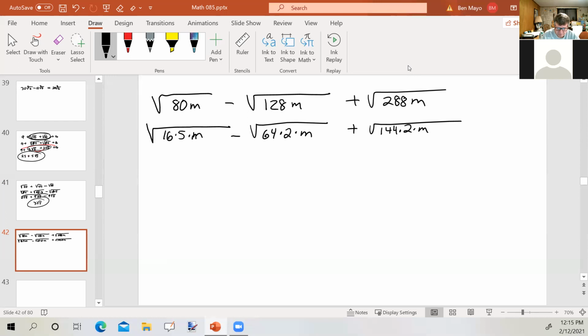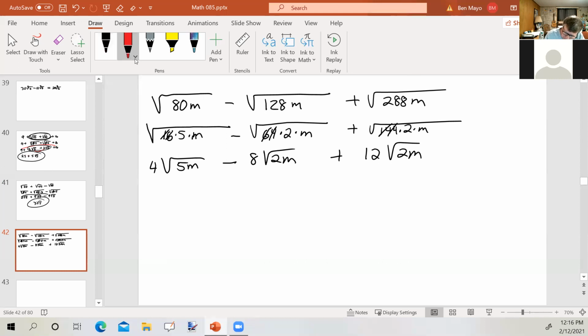What's the square root of 16? 4. So I get 4 square roots of 5m, because I can't do anything with the 5 or the m. Minus, what's the square root of 64? 8. So I get 8 square roots of 2m. Can't do anything with the 2 or the m. What's the square root of 144? 12. 12 square roots of 2m.